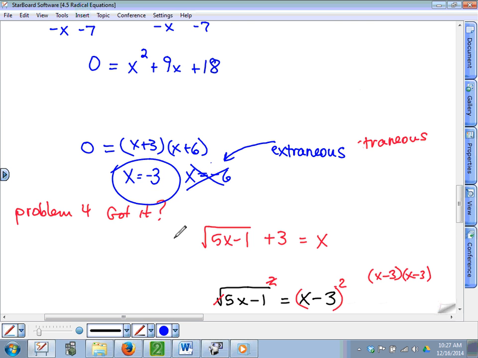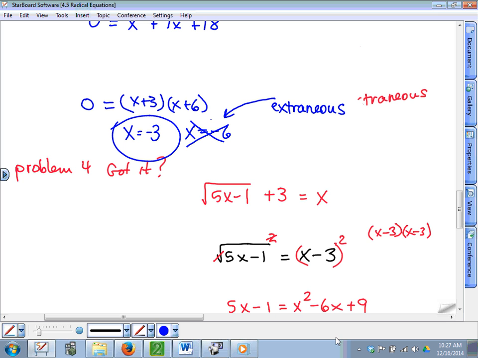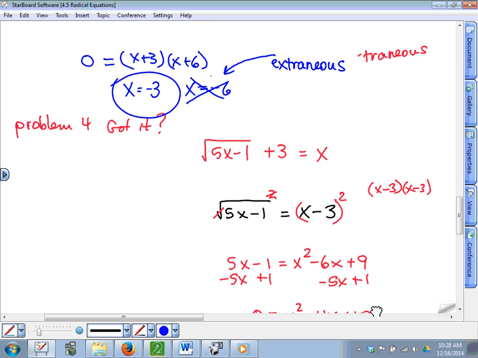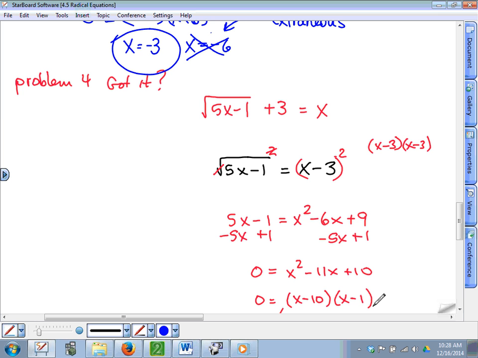So, check it out up here. Subtract 3 on both sides, right? Then you square both sides. You end up with this: 5x minus 1 equals x squared minus 6x plus 9. Then you get all the terms on one side, get it equal to 0, and you get x squared minus 11x plus 10.